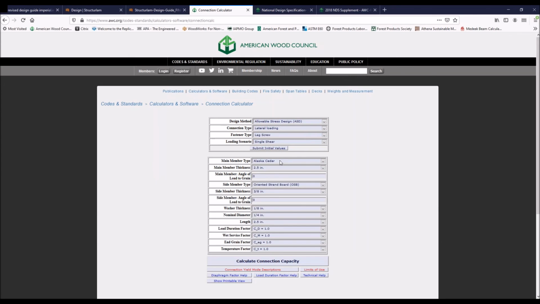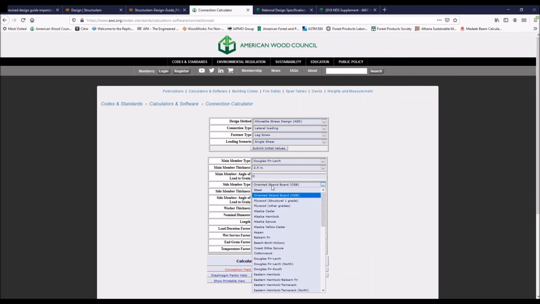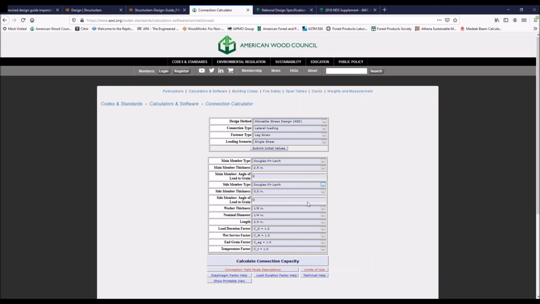It gives you many options for various types of main members. It can accommodate wood structural panel and steel side members in addition to solid sawn lumber. And it can accommodate various different end uses as well. So you can input your load duration, wet service, and temperature factors and things like that.